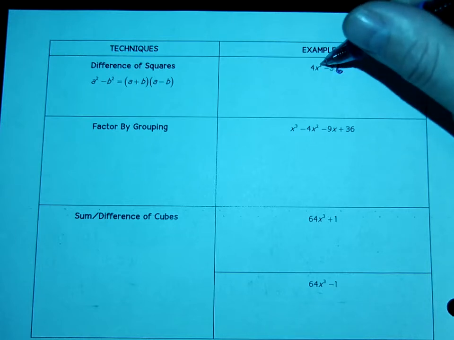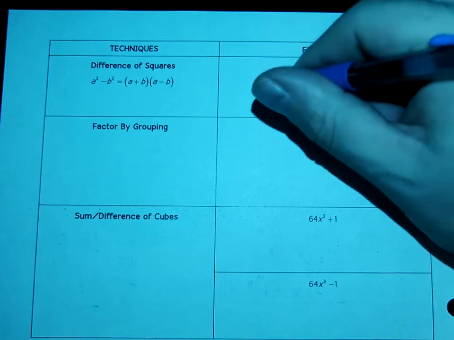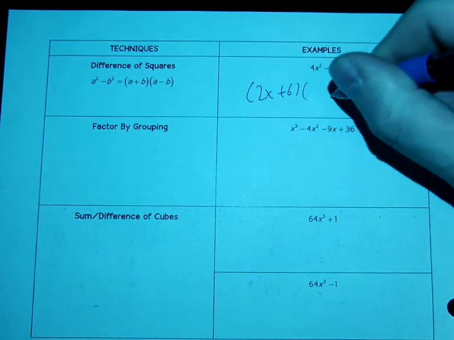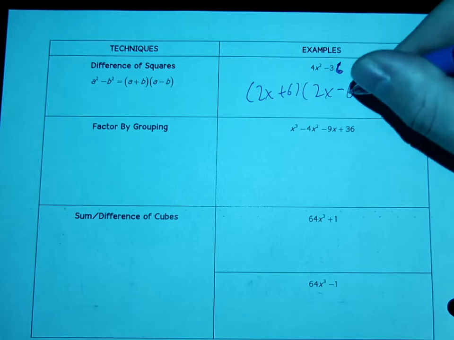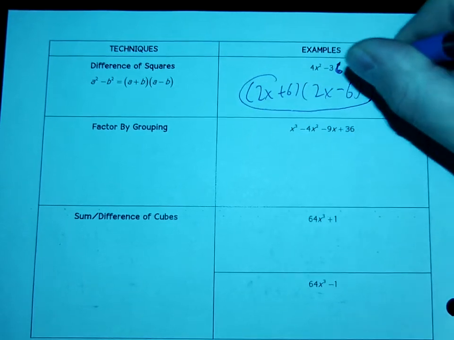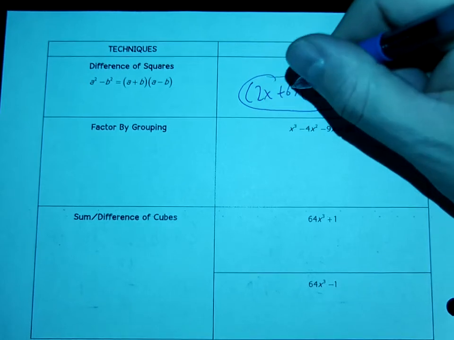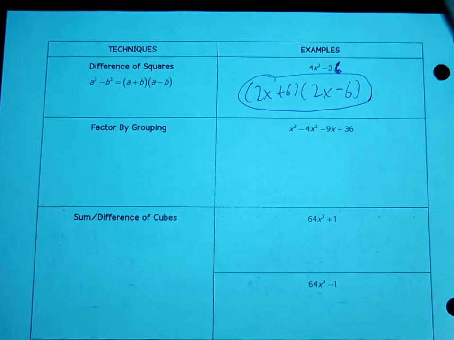So this was 2x squared and this is 6 squared. Then you can factor with 2x plus 6, 2x minus 6. Well, that only works if they're perfect squares. I guess I could have used the square root of 3 here: 2x plus the square root of 3 and 2x minus the square root of 3. If I wanted to use the difference of squares formula here to factor that, that would actually be functional.